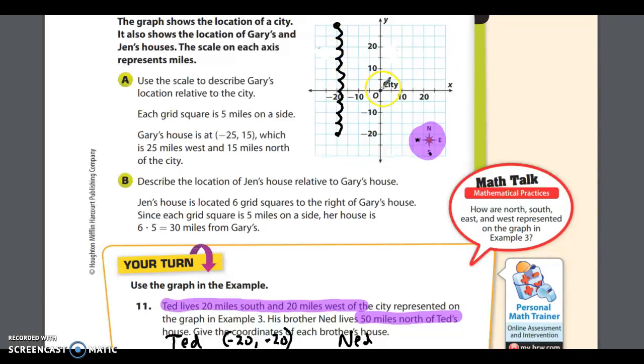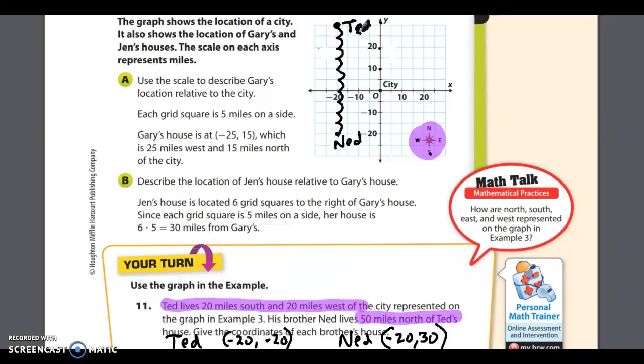Now what space is that? That's negative 20, and it is positive. So I'm going to go 10, 20, 30. It's positive 30. And those are correct. So that's where Ned lives, and that's where Ted lives. Those are a little bit tricky, but they're not too bad.